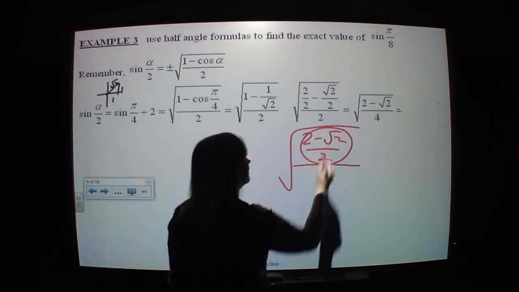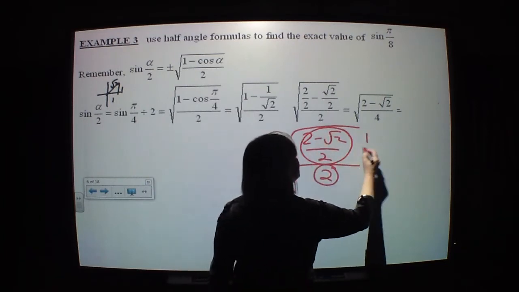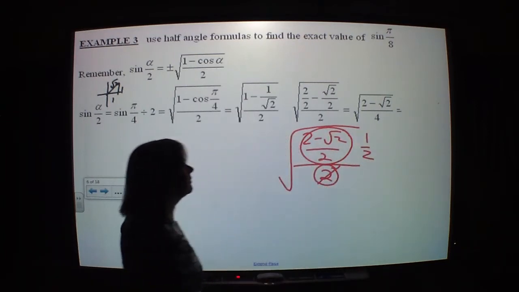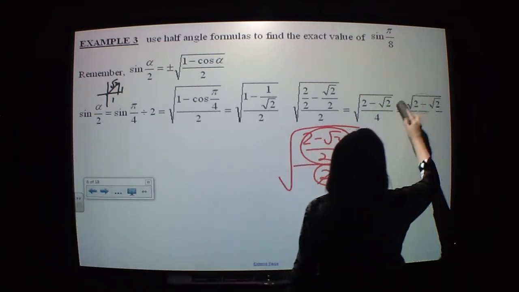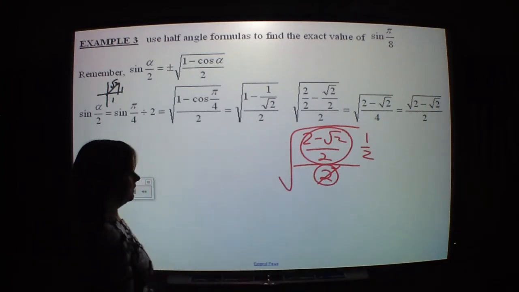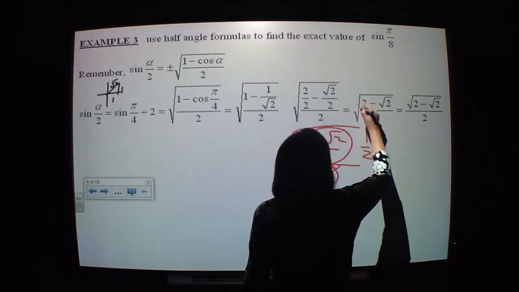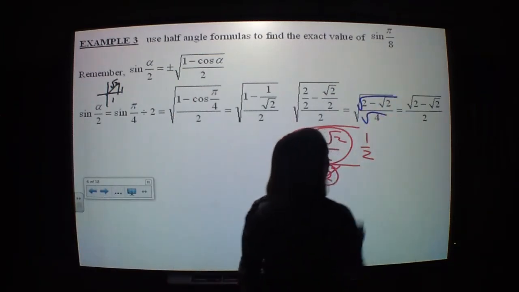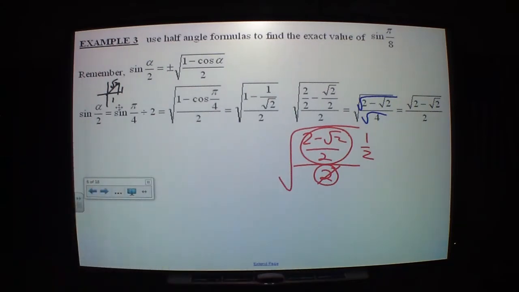Numerator divided by denominator is the same thing as numerator times the reciprocal of the denominator. So that's how I got the 4 on the bottom. Okay. And then you can take the 4 out of the radical, because you can think of this as radical over a radical. Radical 4 is 2. And you're done.